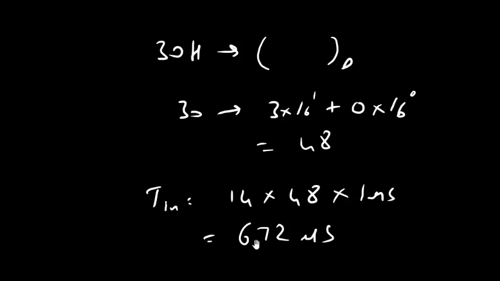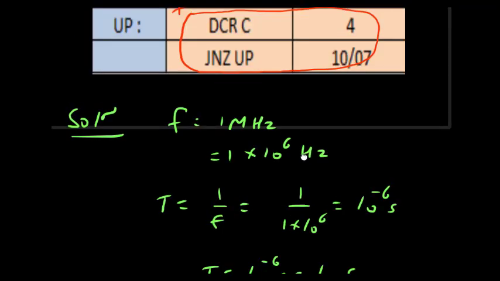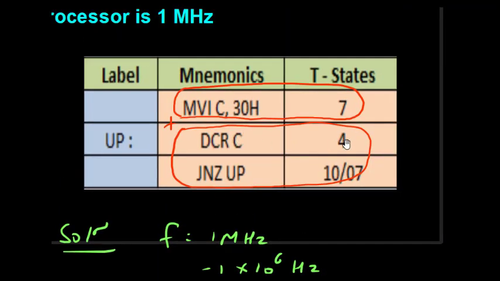Okay, so we need to do some correction here. The correction is that DCR C will be executed 48 times, but JNZ will jump up only 47 times. When it is going up, it takes 10 T states, but in the last loop, when it comes out, it is 7 T states.